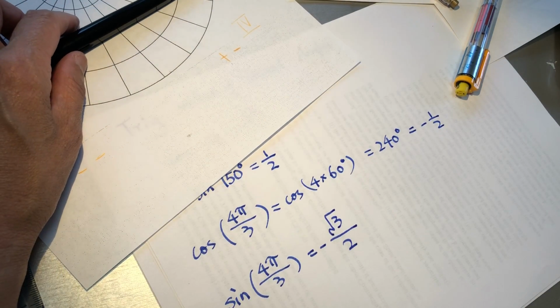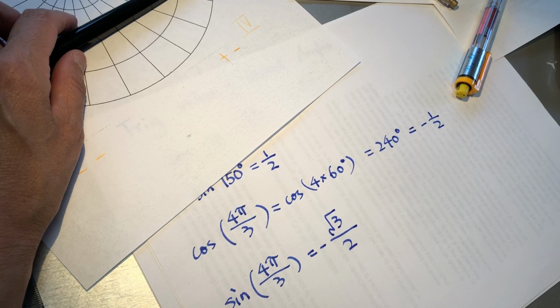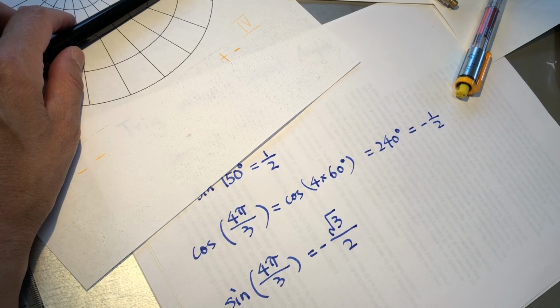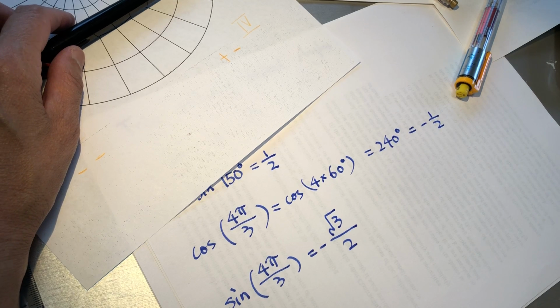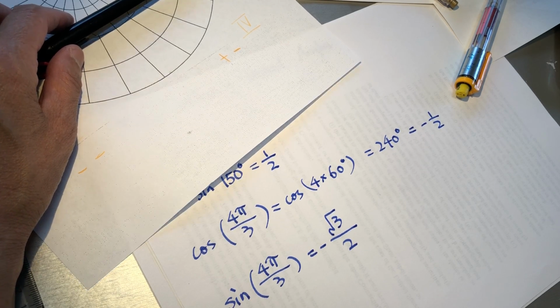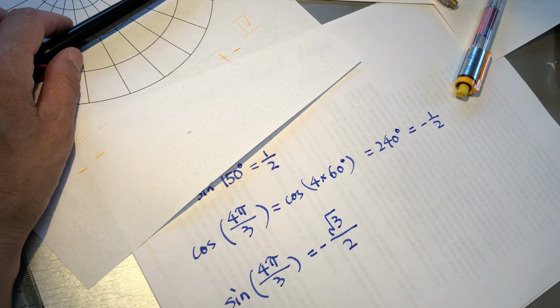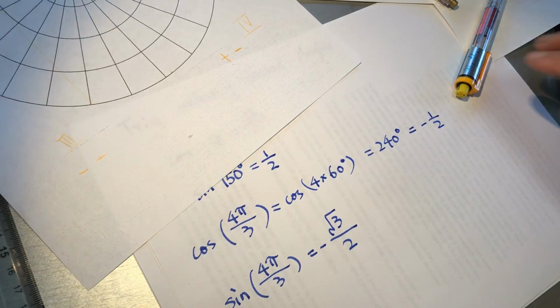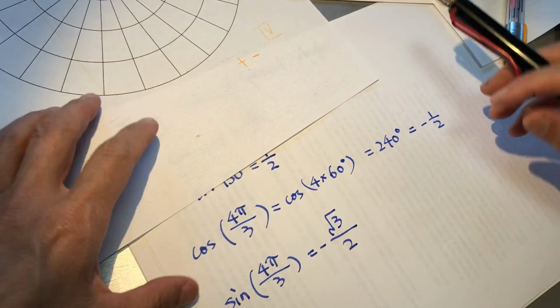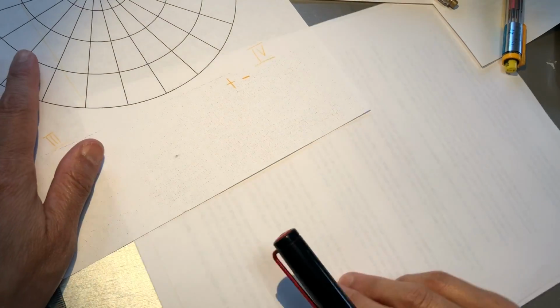Okay. Negative half, negative root 3 over 2. Yes, we are right.